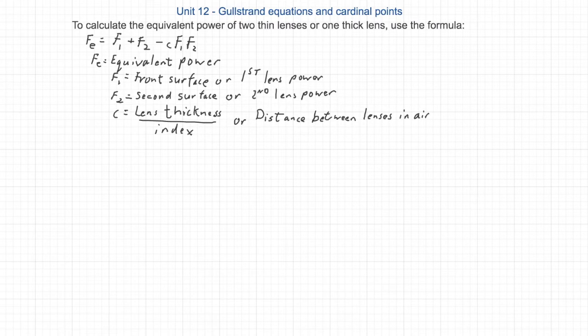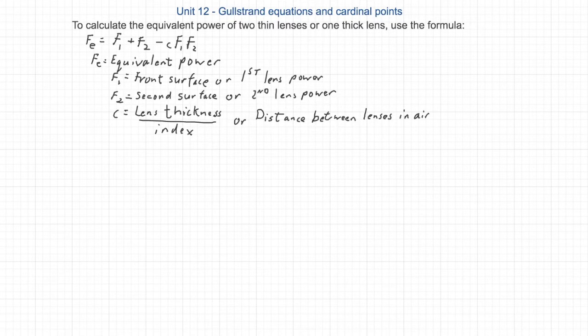To calculate the equivalent power of two thin lenses or one thick lens, he came up with the equation Fe equals F1 plus F2 minus C F1 F2. Big Fe is the equivalent power of this optical system or thick lens.